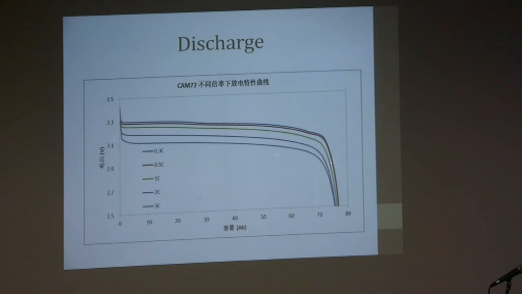Now what this says is that compared to if you discharge them at a lower current, you get more energy out of them if you discharge them slowly, because the energy is the number of amp hours, this scale, times the voltage.